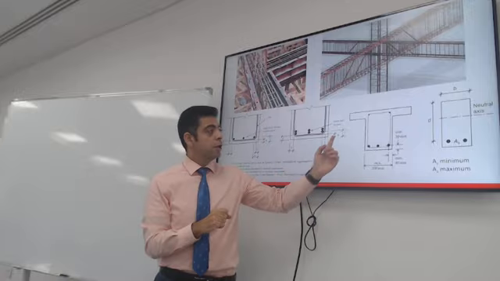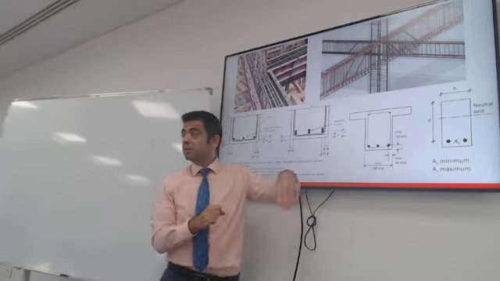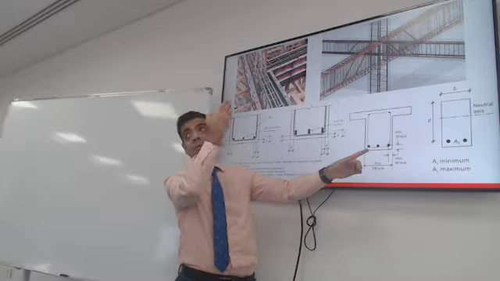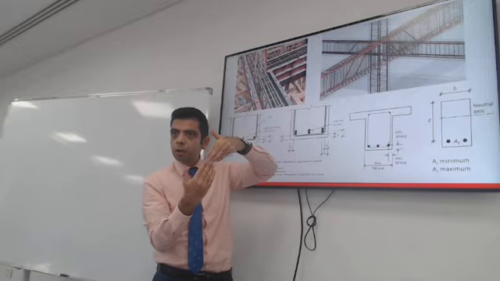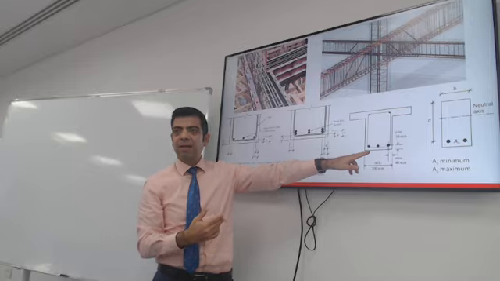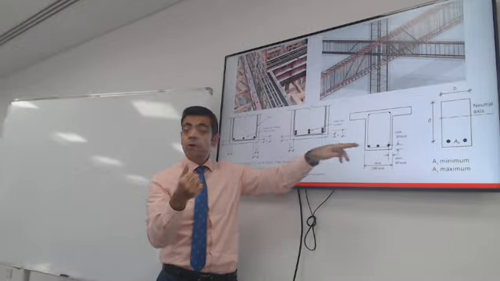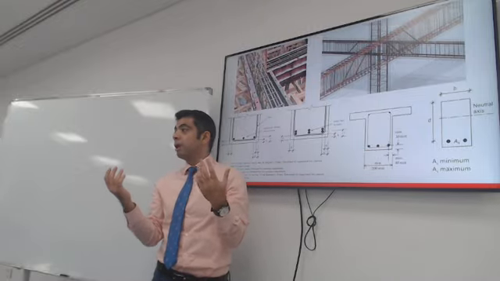First of all, when you remove the formworks, your steel will be exposed. These bars, you will see them from the underside because they're so close to the underside. They will corrode much quicker. They're not protected from fire, from the environment.